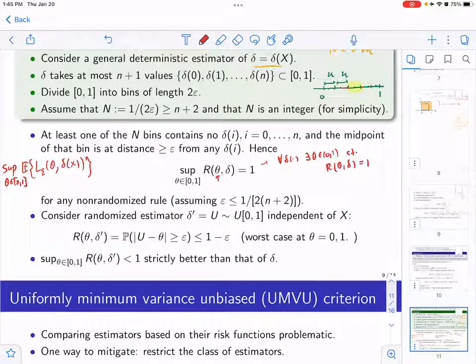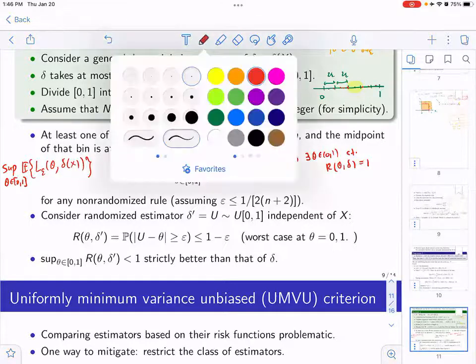So why is that? Because for every delta, there is one of these bins that is empty. And so the midpoint of this bin, pick theta to be that.